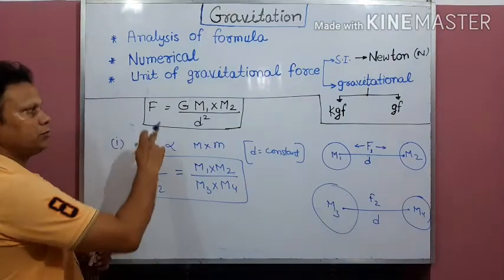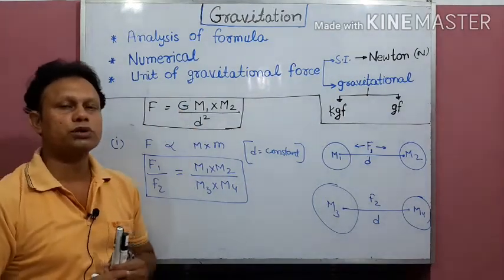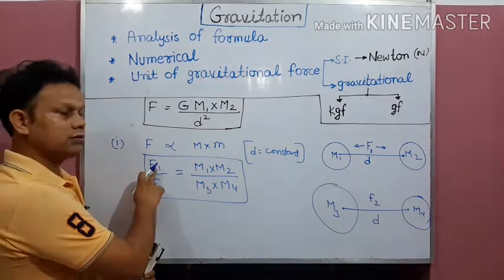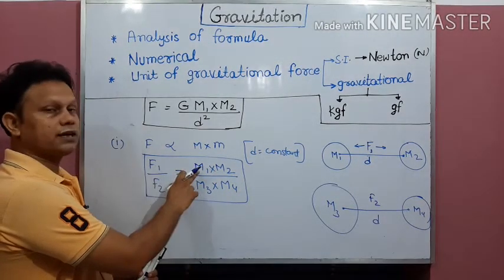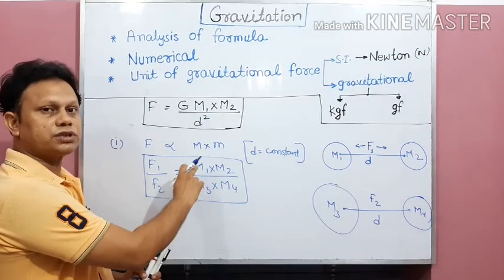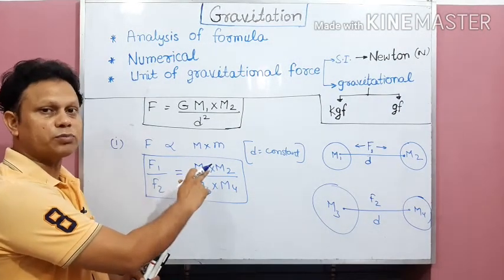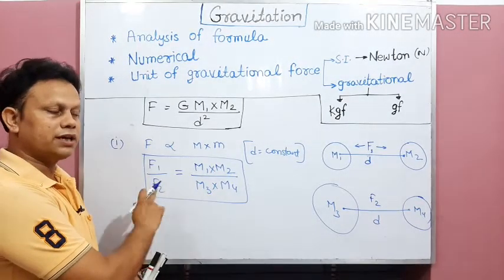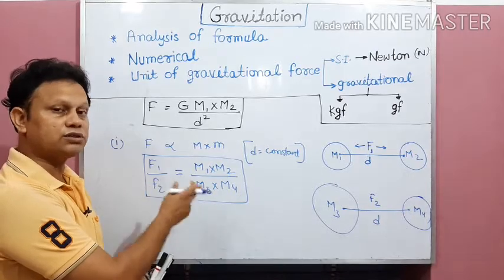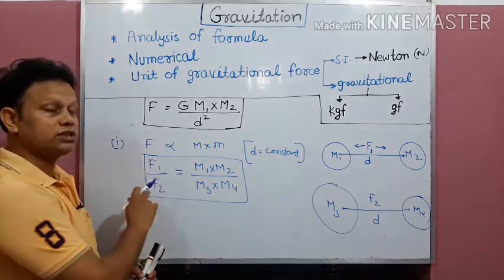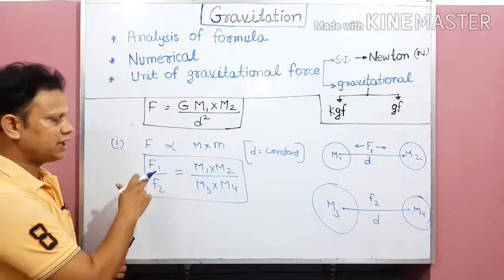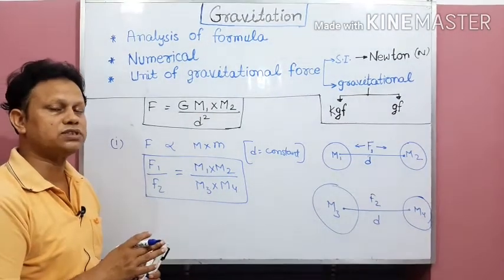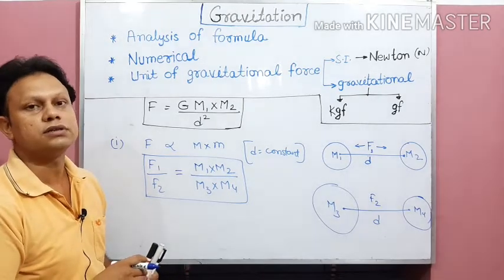How come? Because force is directly proportional to the product of masses. So for force 1, we take the product of the masses in that situation in front of it, and for F2 in the second situation, their masses are taken, because that is also directly proportional. So to show this in a smarter way, we only have to compare the masses. No worries about d, no worries about capital G, because they are already constant.